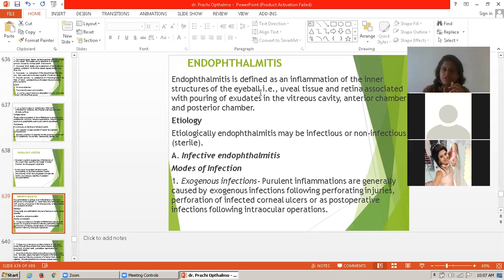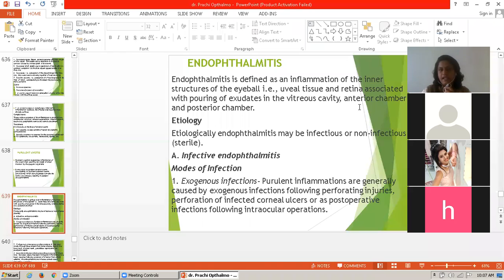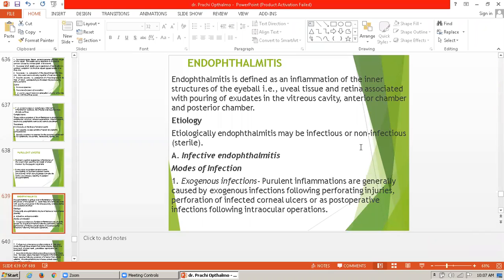So there is inflammation of the inner structure of the eyeball, that is the uveal tissue and retina, which is associated with pouring of exudate in the vitreous cavity, anterior chamber and posterior chamber.